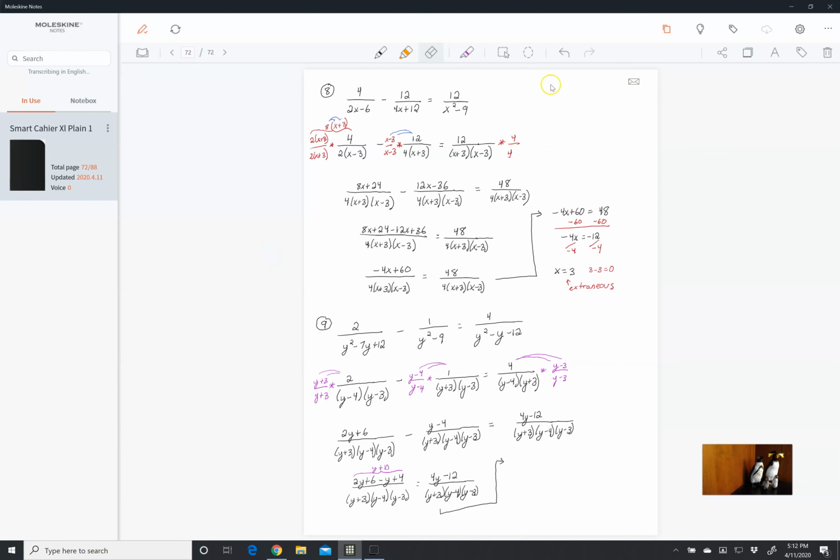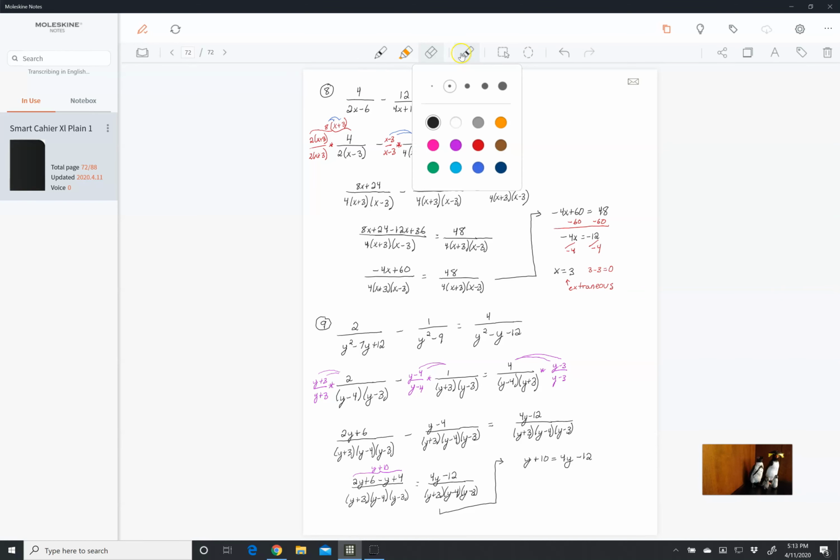Okay, so I'm not writing it as a whole separate fraction. I'm just saying y plus 10 is equal to 4y minus 12. So we're setting the numerators equal to each other because the denominators are equal. And then this is just a linear equation. So we could solve the linear equation.